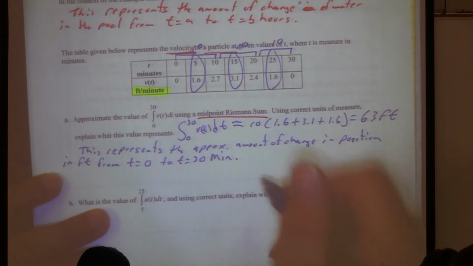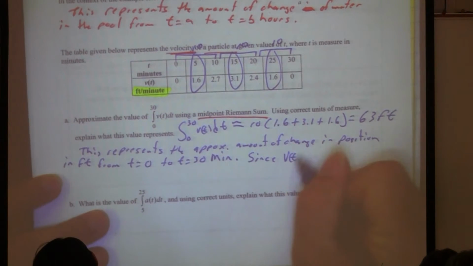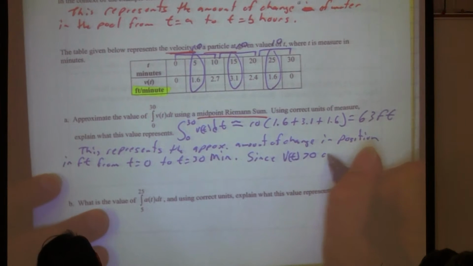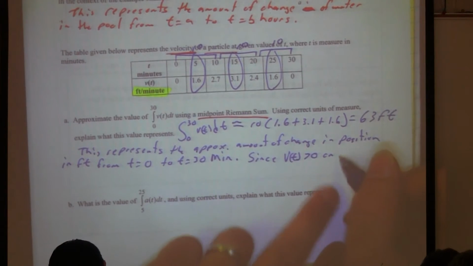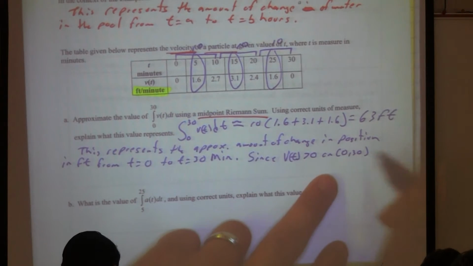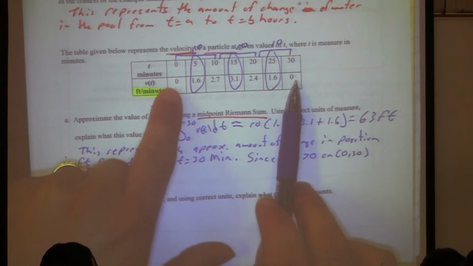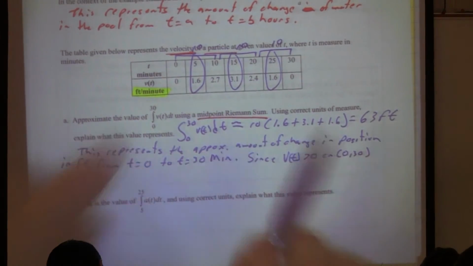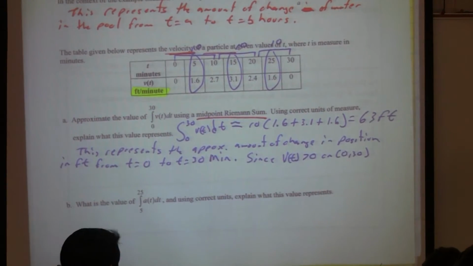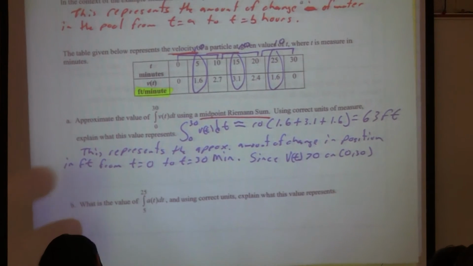Okay? We could also say, since v of t is greater than 0 on that interval 0 to 30, and I said open interval because at 0 and at 30 it's equal to 0. If it were positive there, then I would put the brackets. Good? We could also say what?